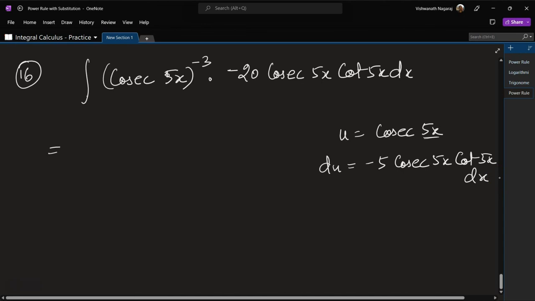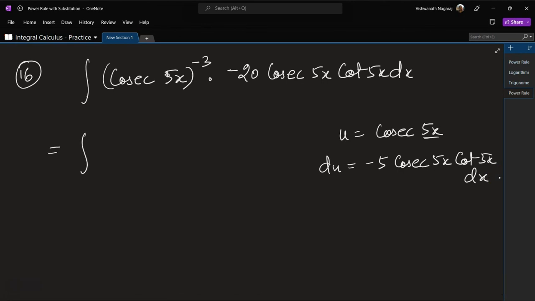So that means this becomes integral of, here we have minus 20, here we have minus 5. So let's factor out 4. So this becomes 4 u to the power of minus 3 du.